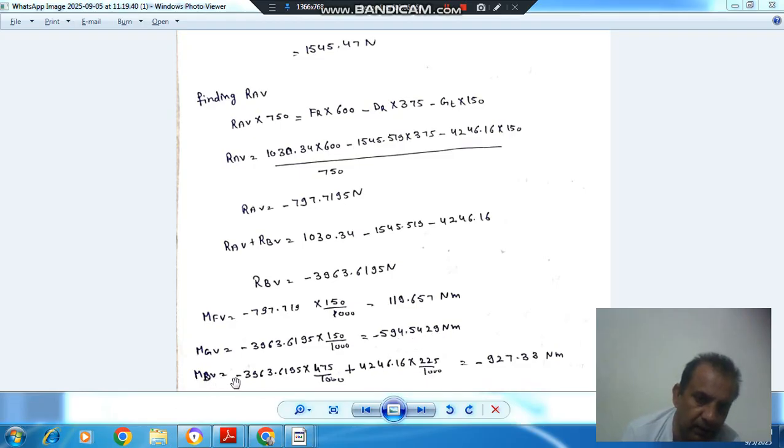And MDV can also be calculated: 3963.6195 into the distance from point B to point D plus 4246.16 into 225, that is your GT into 225 by 1000. So it will come out as minus 927.33.